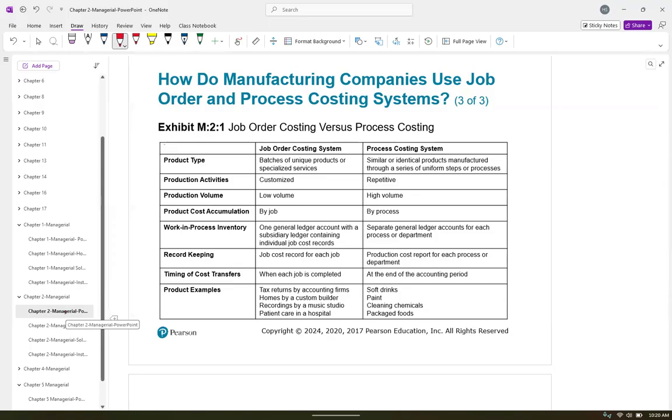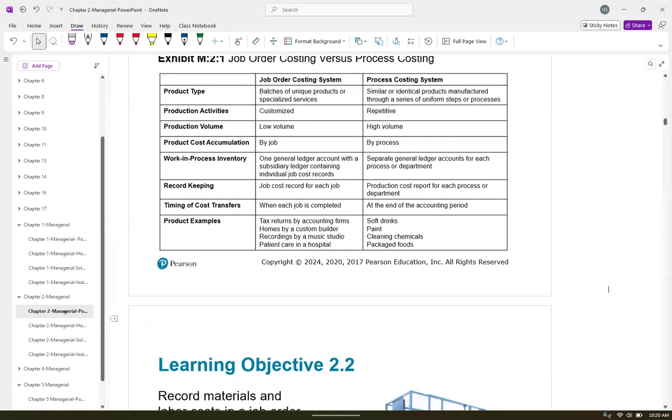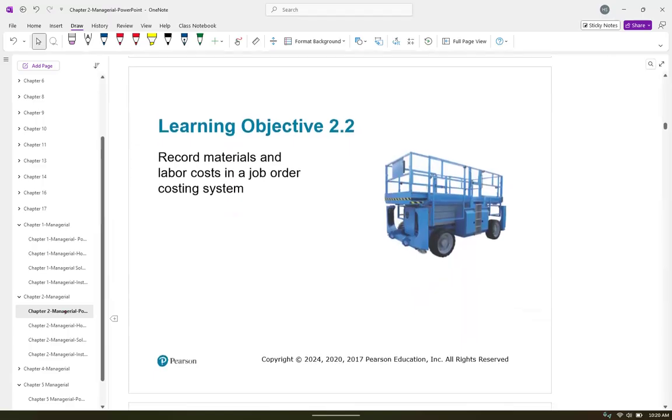I'm not going to go through all of these, but just wanted to grab a few. So, like product cost accumulation, we're going to keep up by job, by process. We're not keeping up with how much is going into each one of those gallons of milk or aluminum foil. We're going to go through a calculation and figure out how much each product costs based on the materials we put into the assembly line.